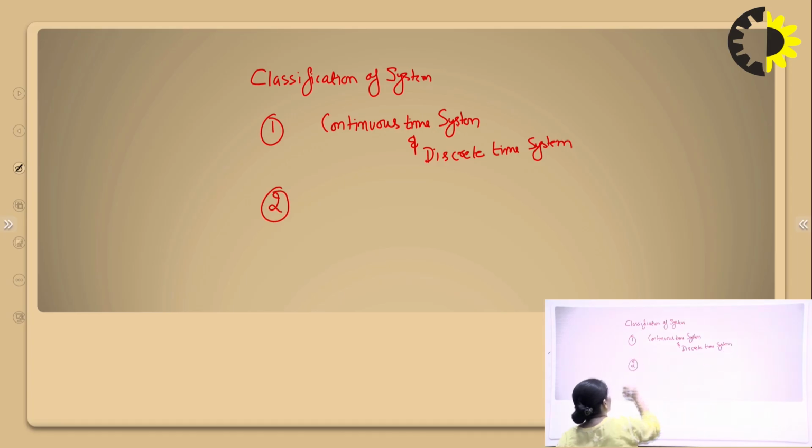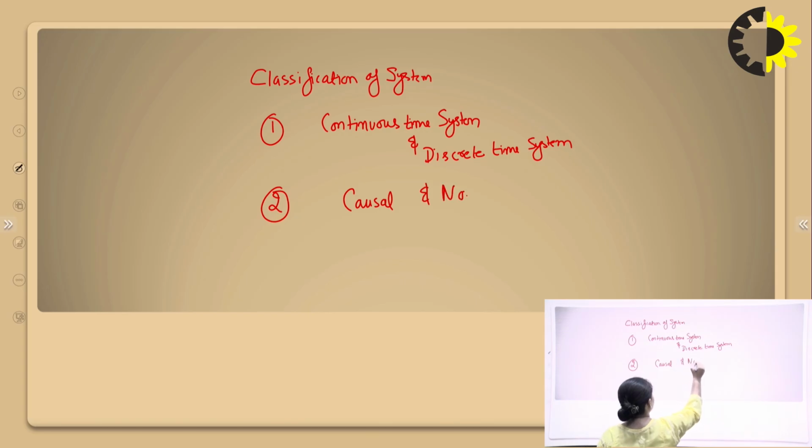Then, depending upon the relation between input and output, we have causal and non-causal systems.